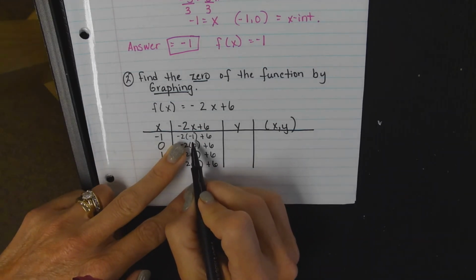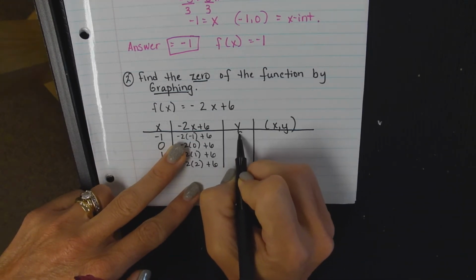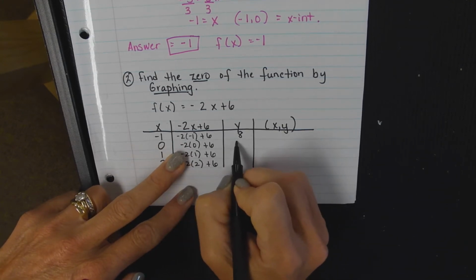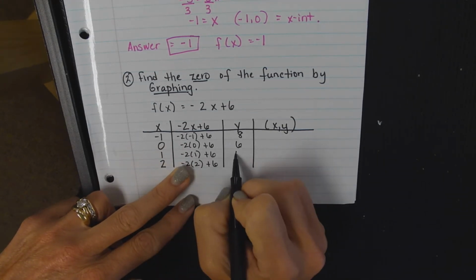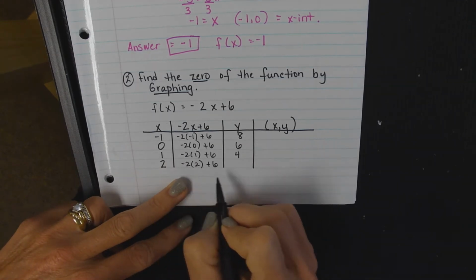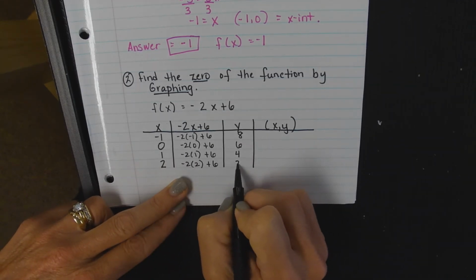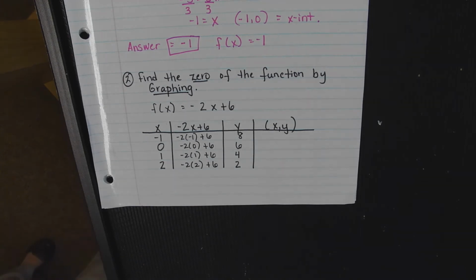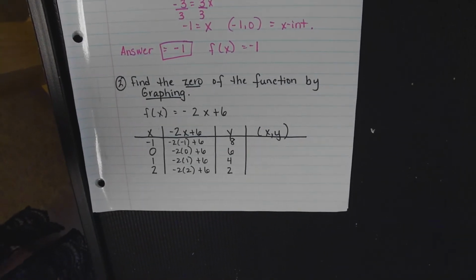-2 times -1 is 2. 2 plus 6 is 8. Then 6, 4, and 2. You see the pattern? Now let me be clear.